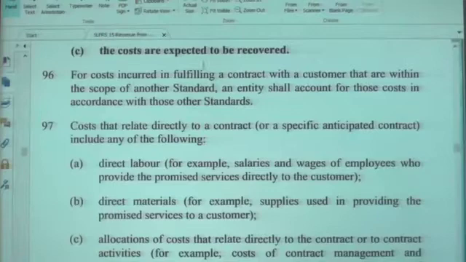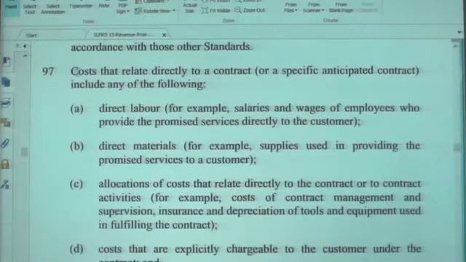For costs incurred in fulfilling a contract with a customer that are within the scope of another standard, an entity shall account for those costs in accordance with those other standards. Is that clear? That is LKS 16, LKS 38, LKS 2 likewise. Then what are the costs you can debit into the contract asset account?